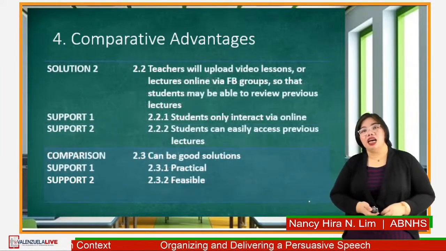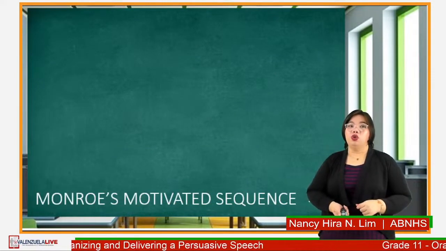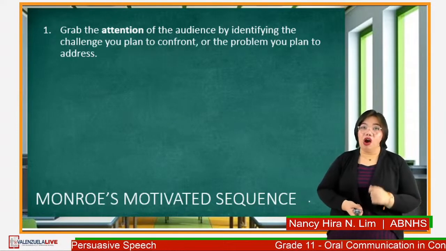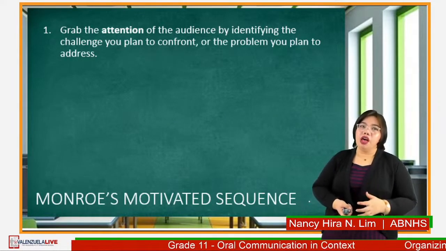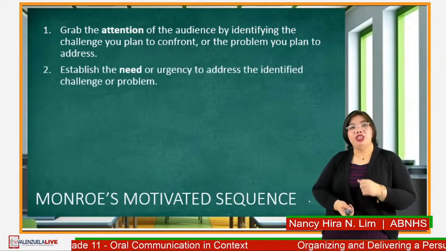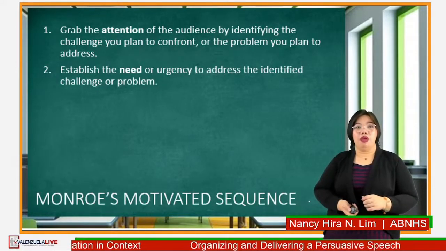Next pattern would be Monroe's motivated sequence. So here it is. Number 1, you have to grab the attention of the audience by identifying the challenge you plan to confront or the problem you plan to address. Number 2, establish the need or urgency to address the identified challenge or problem.